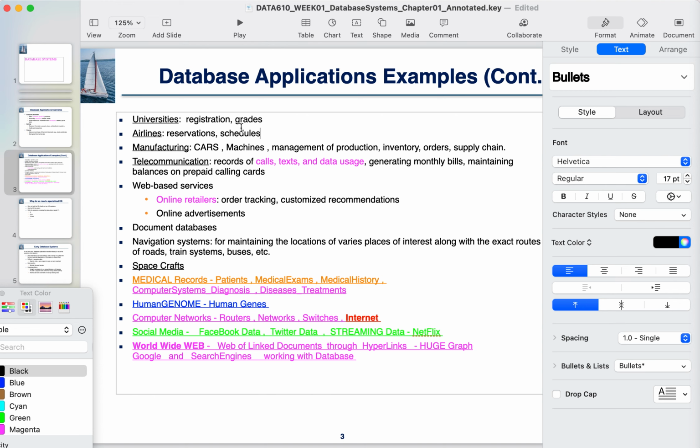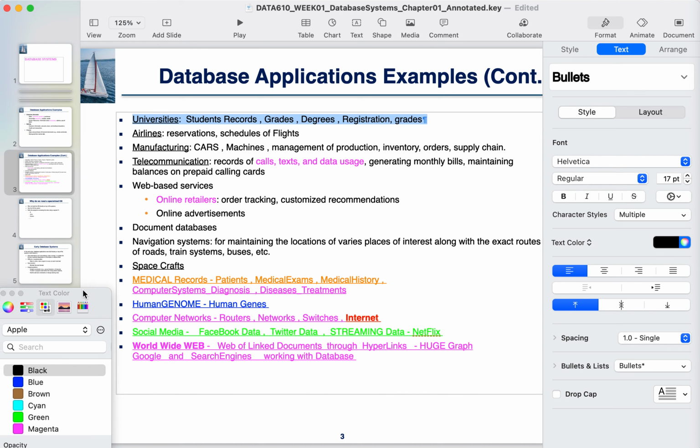Airlines, reservation systems and schedules of flights, universities, student records and grades and degrees, right? So there is quite a bit of practical applications of these databases.